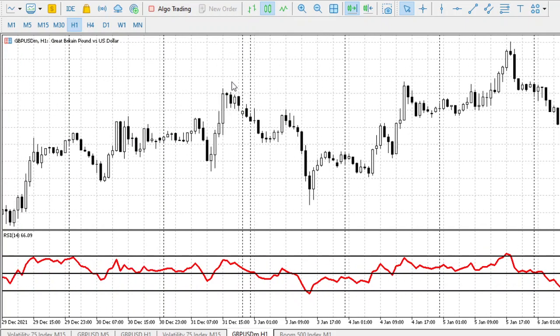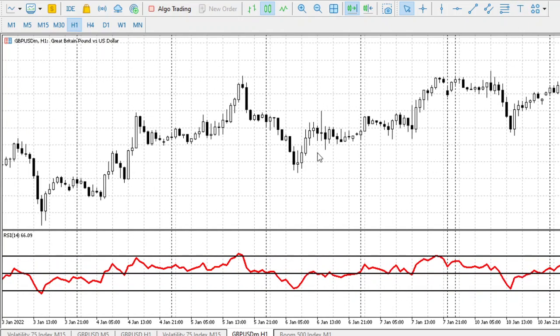As you can see, this area is not near any major key level, support or resistance. So what can we do? On the previous trend, that is the uptrend, we draw a short-term trend line. So we can draw a short-term trend line like this.